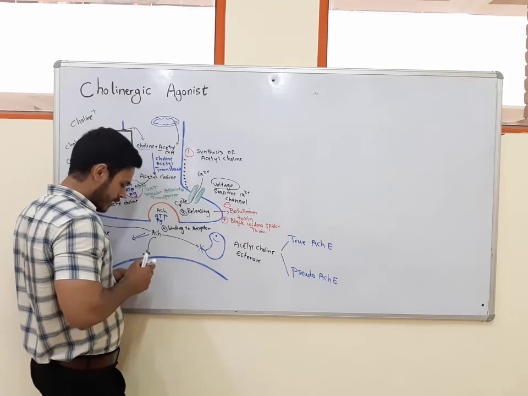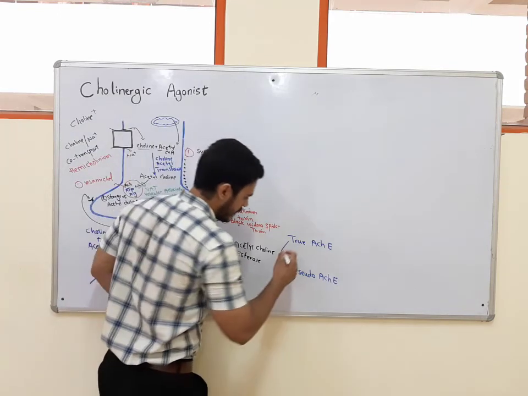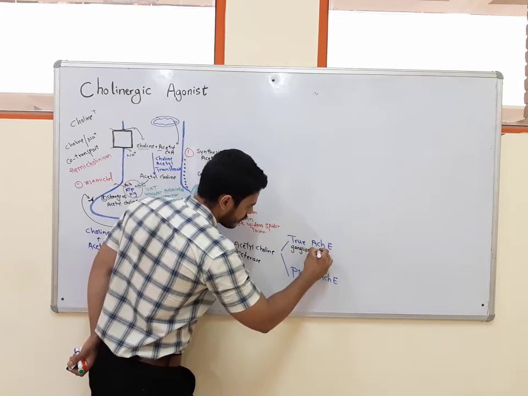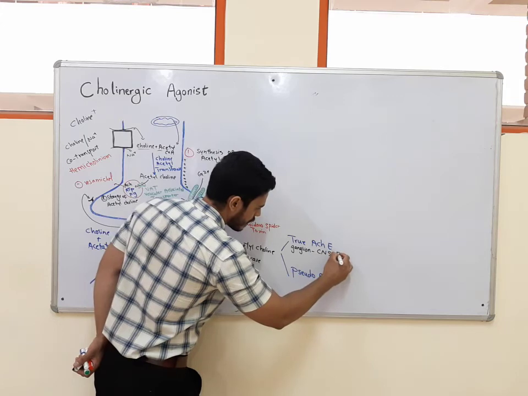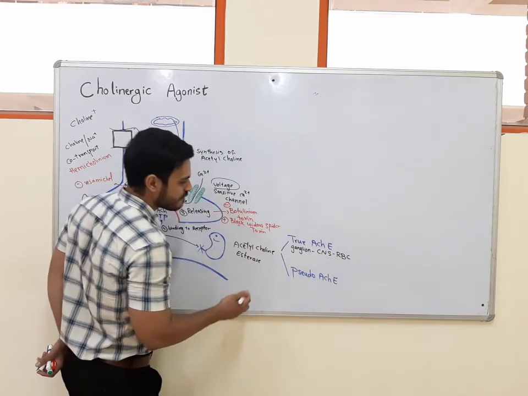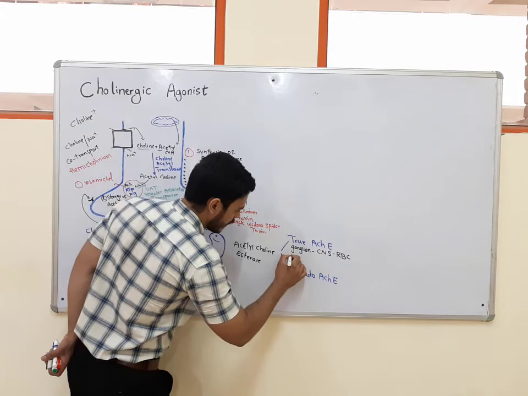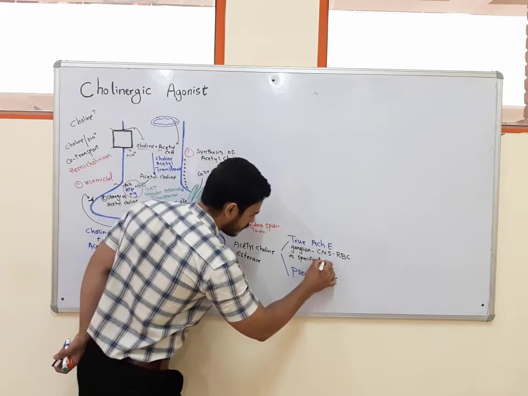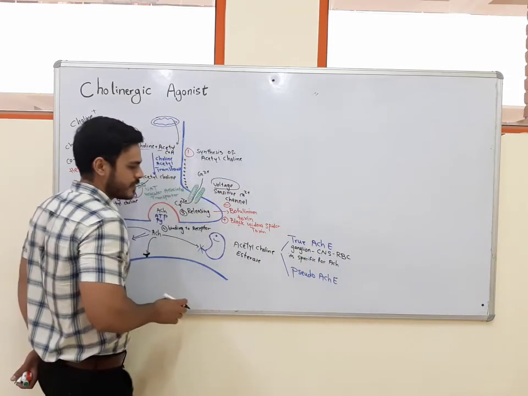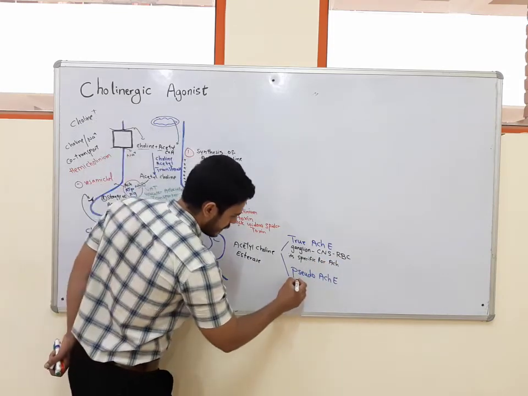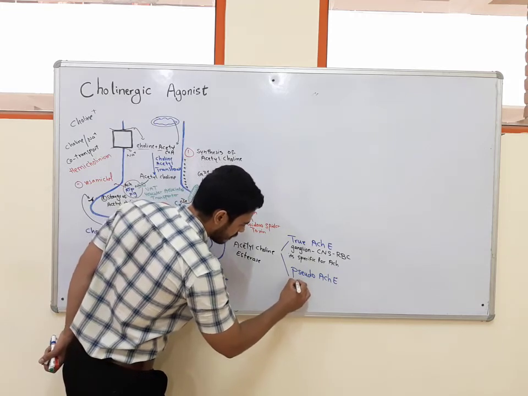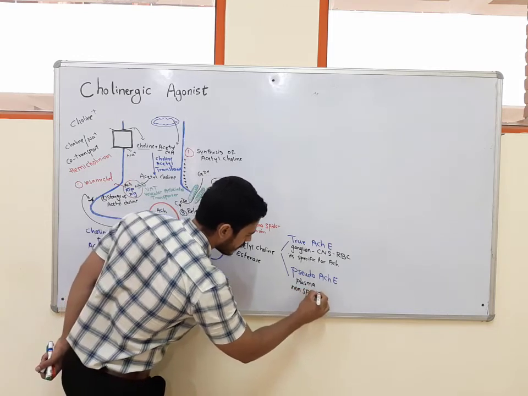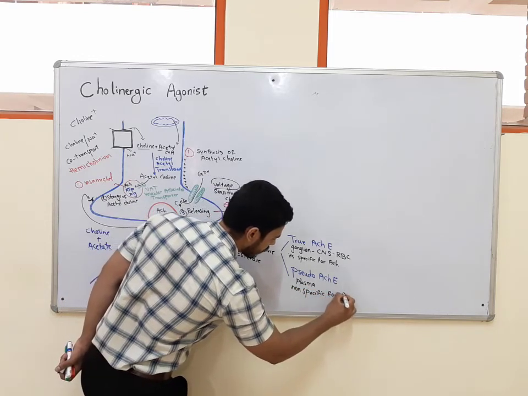The true acetylcholinesterase is in ganglia, the central nervous system, and RBCs, and this is specific for acetylcholine. But the pseudocholinesterase is in plasma, and this is non-specific for acetylcholine.